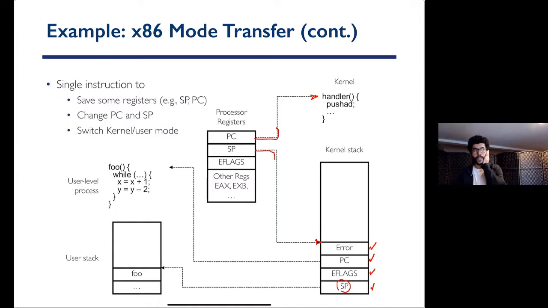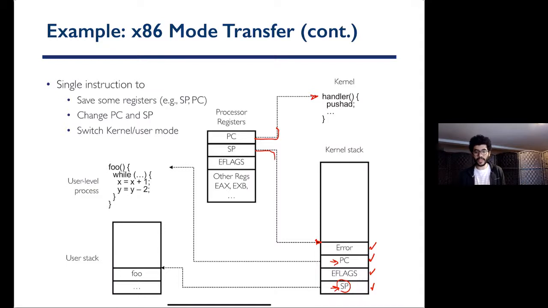Now, if you remember, I told you that inside the handler, the first thing we do is copy the state of the processor. The hardware has helped us by making a copy of the user's stack pointer and also making a copy of PC. These are the things that we need the hardware to do for us. Now that we said we want dual mode operation, we definitely need hardware support in this part.